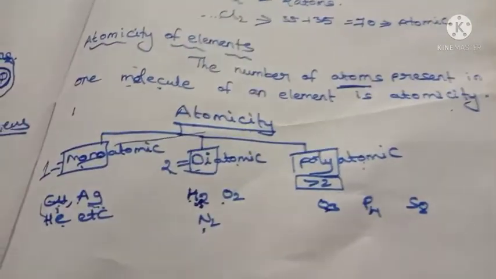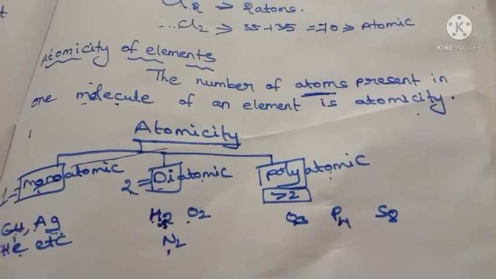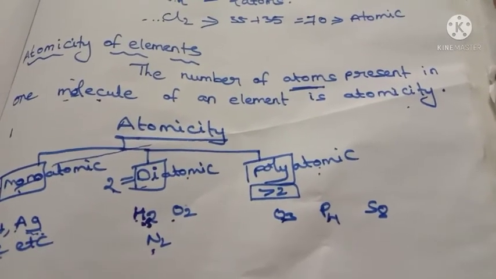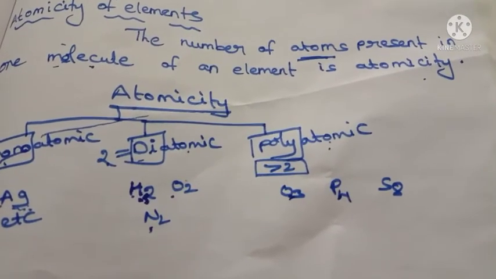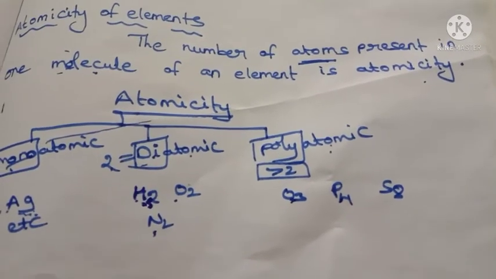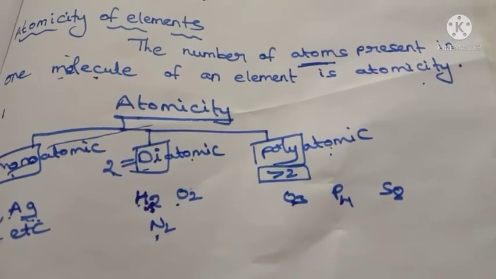This is atomicity, my dear children. With this, what is a molecule, what is atomicity, what is a symbol, what is the significance of a symbol, what is atomic number, what is atomic mass. I think you understood all these concepts.